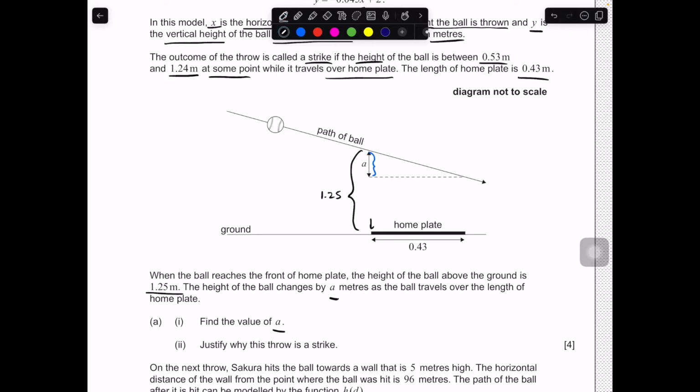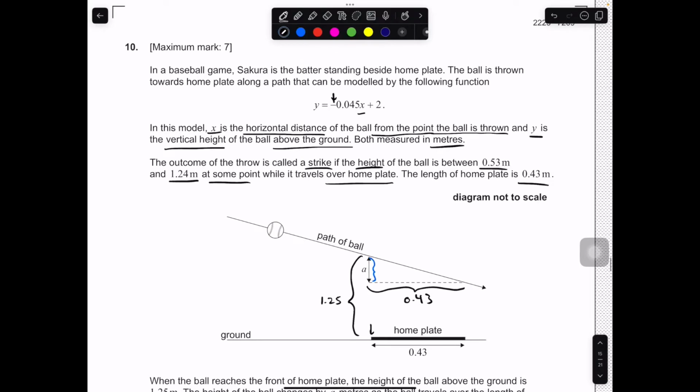Okay, so we travel a distance of 0.43. And what is the corresponding height difference? We travel a horizontal distance of 0.43. And what we also know is that for every 1 meter, we go down by 0.045.